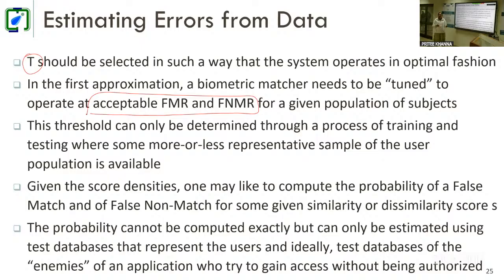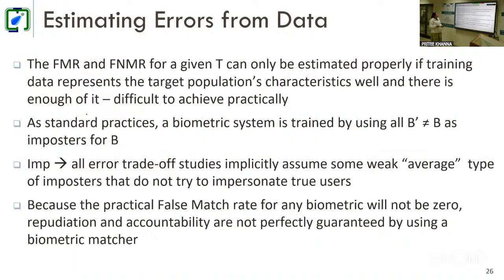And for this, we need all sorts of population. It is not like you have enrolled 100 people and you are checking for those 100 people only. Some outside people, some imposters, are to be there.